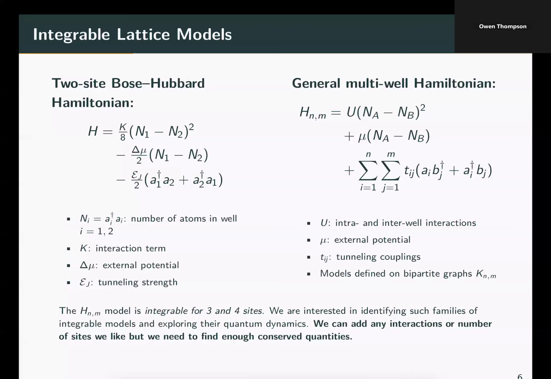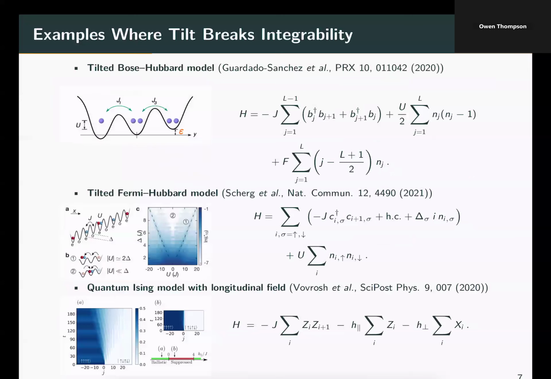Okay. So I'm going to quickly mention some interesting interactions that normally break integrability, but emerge naturally in the model that we ended up developing. One of those is tilt. If you tilt a model, you can, in some sense, break a translational symmetry.